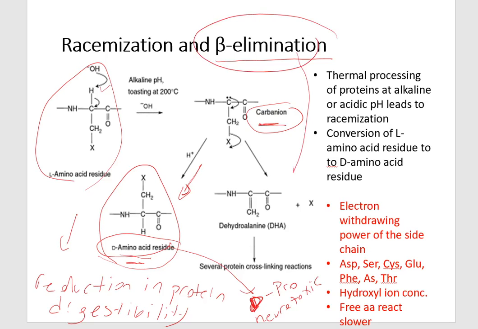So this part is the beta elimination reaction this way, and it yields a reactive intermediate called dehydroalanine or DHA. It's highly reactive, so it is involved in several protein cross-linking reactions, a set of complex reactions.